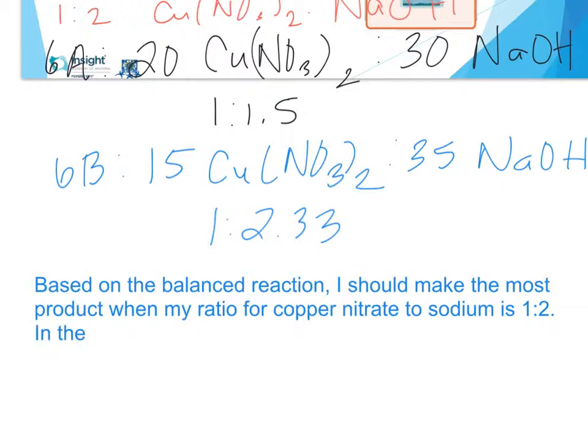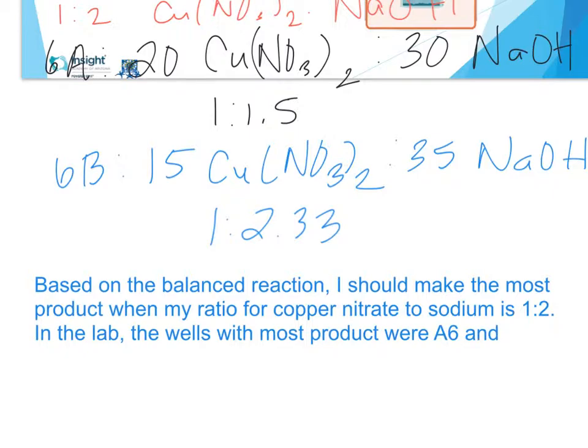In the lab, the wells with the most product were A6 and B6, or 6A and 6B.